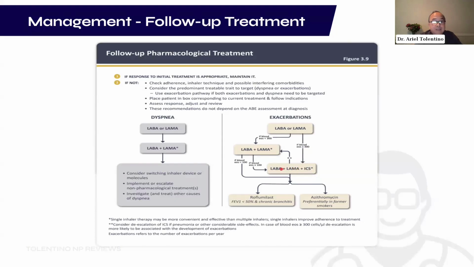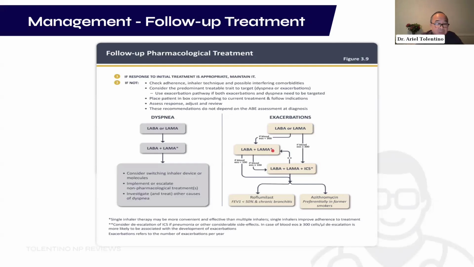Now, in case the patient has a LABA, LAMA, ICS triple combination, and the patient has pneumonia, or it is not indicated to use ICS, your inhaled corticosteroids, for long periods of time, or if there's an adverse effect to that medication, you can de-escalate and remove ICS, de-escalating to just the LABA-LAMA combination.